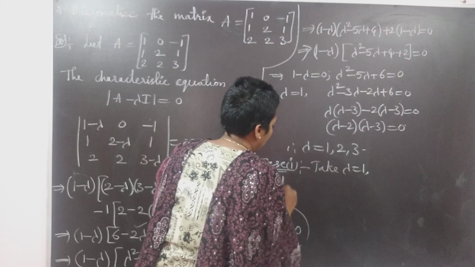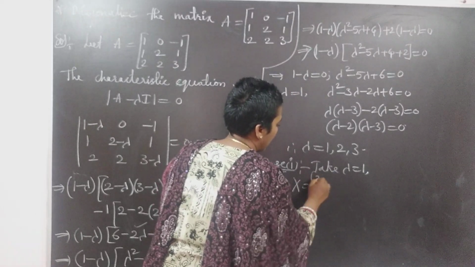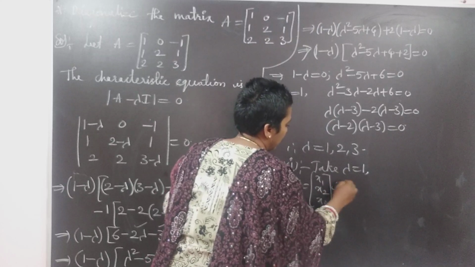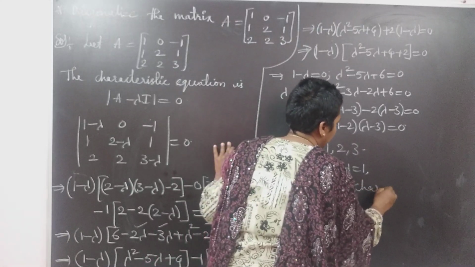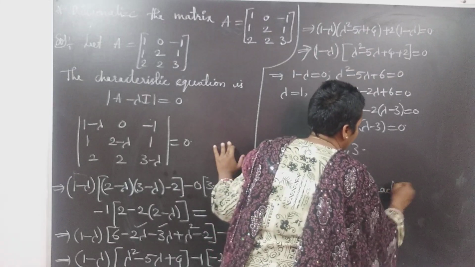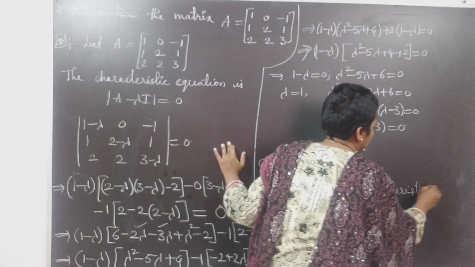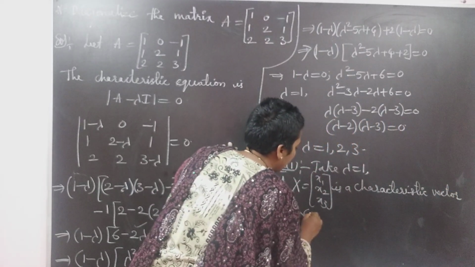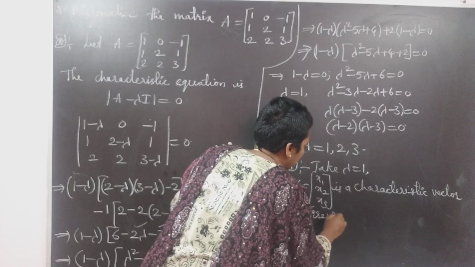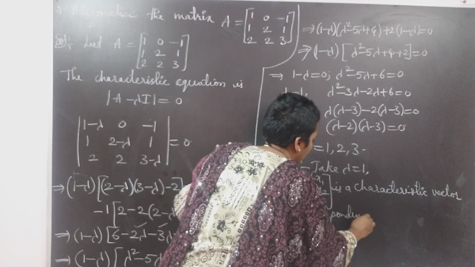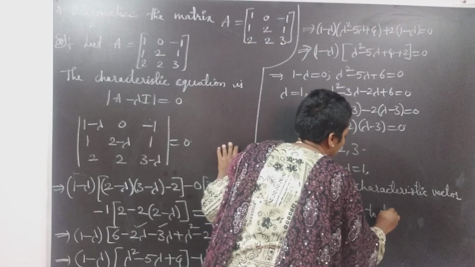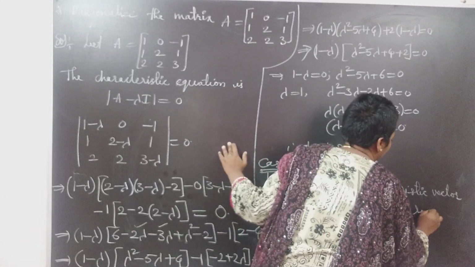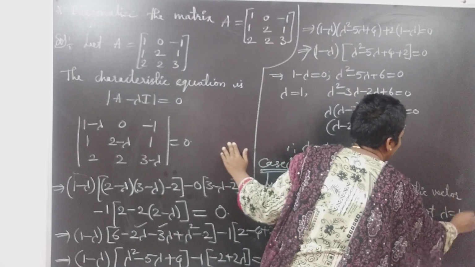Let X equal to x1, x2, x3 be a characteristic vector corresponding to the characteristic root lambda equal to 1.